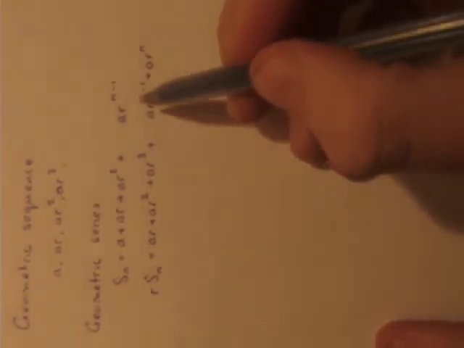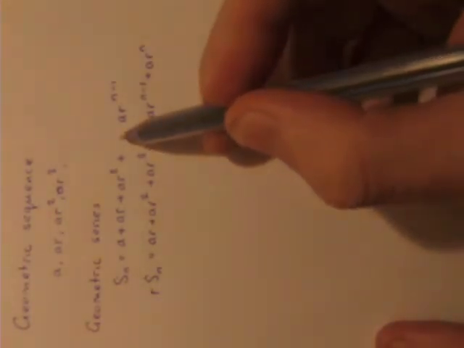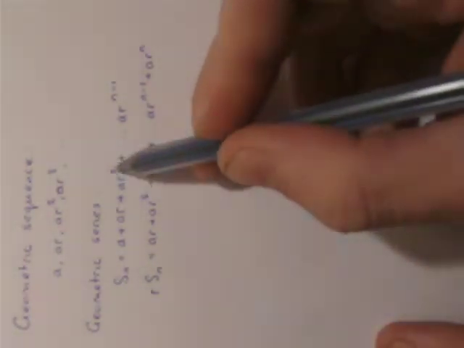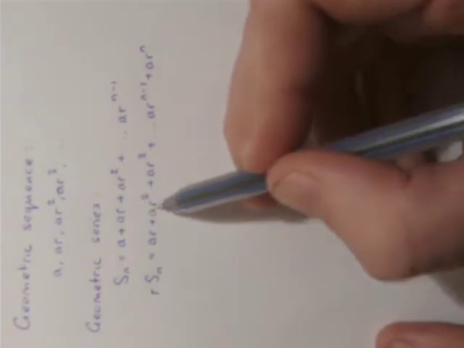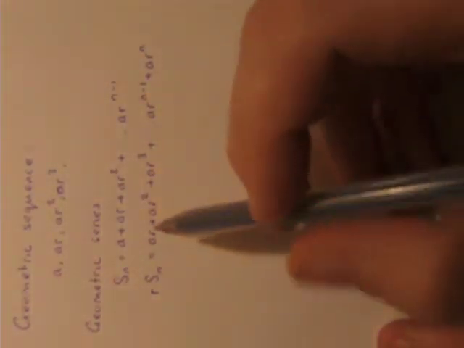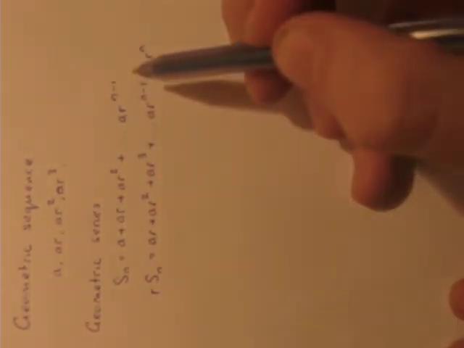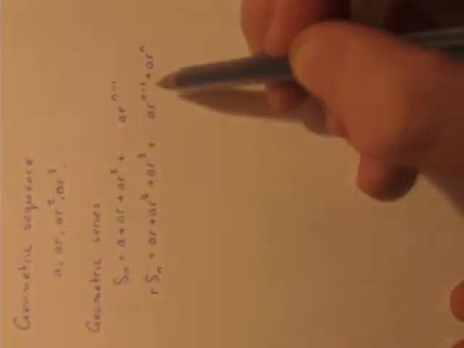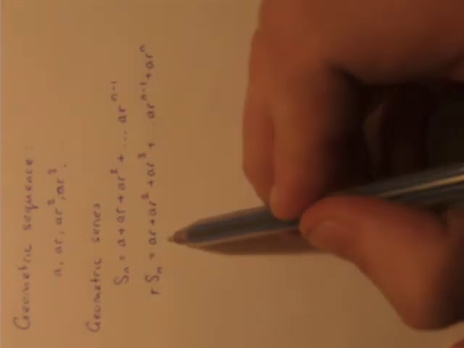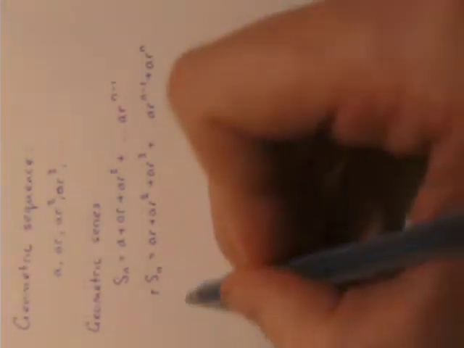So this term has been multiplied by R, the previous one has been multiplied by R, this one's been multiplied by R, and so on. A lot of the terms in this series are also in this series, so let's subtract them.